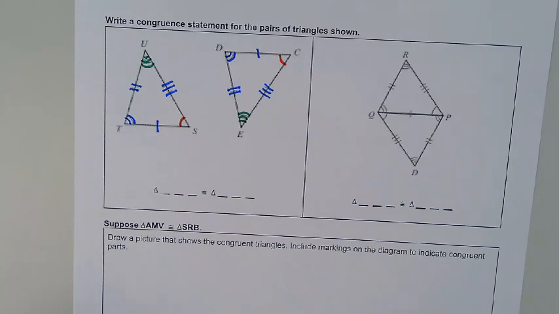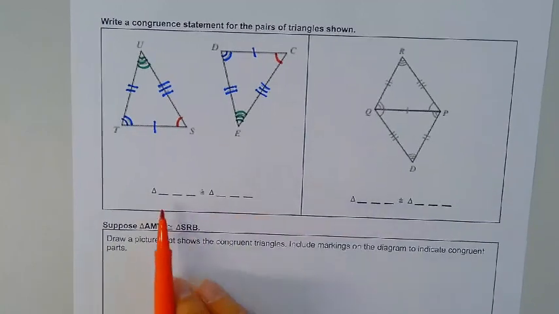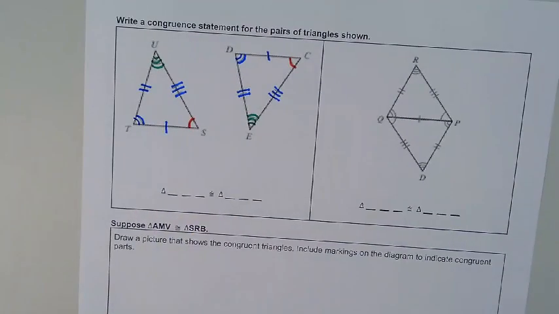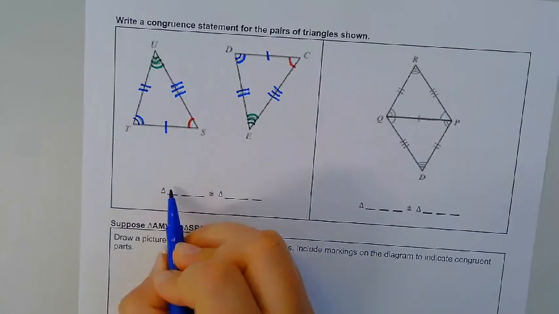Now we want to put this in our congruent statement, but we have to make sure that we write it correctly so that the angles and sides correspond to each other in that name. So we're going to start by just first naming the first triangle however we like to. So I'm going to start with this first triangle on the left, and I'm going to name it triangle TUS.